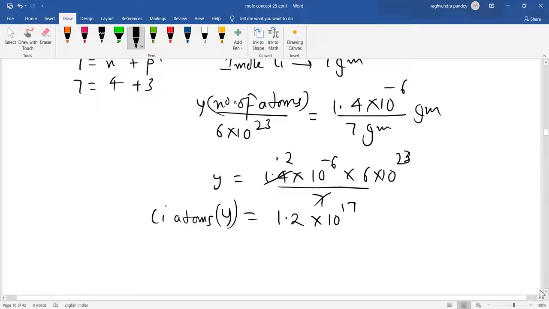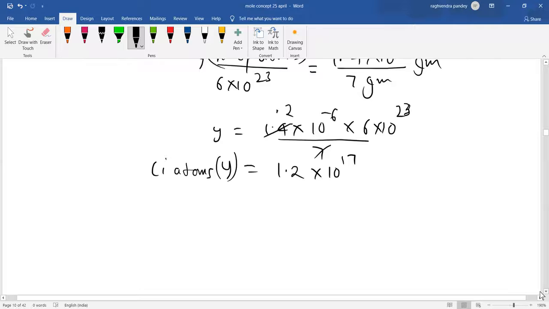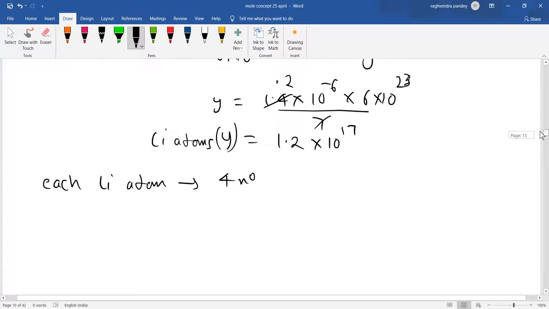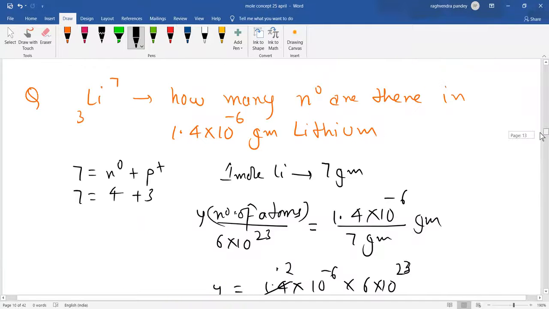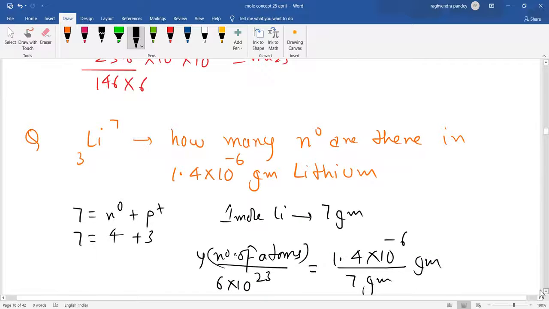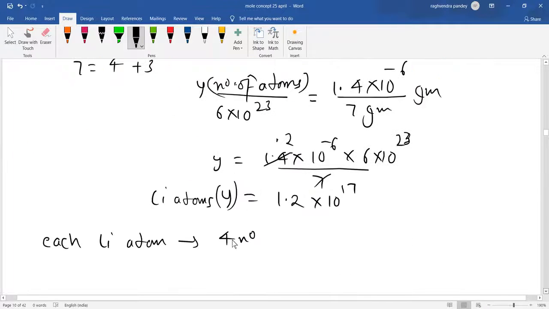Okay, so now let's move forward. So 1.2 into 10 power 17 lithium atoms. Each lithium atom has 4 neutrons, as we just calculated.